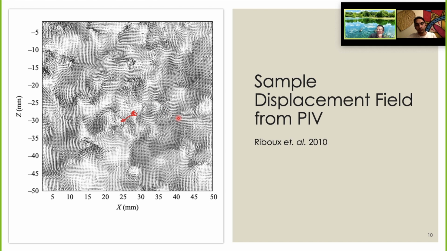This arrow tells you the velocity magnitude and direction, in a two-dimensional way. So that's how PIV works, okay? So for this image, probably it's more than 10,000 velocity vectors resulting from a single measurement. All right, that's the principle of PIV.